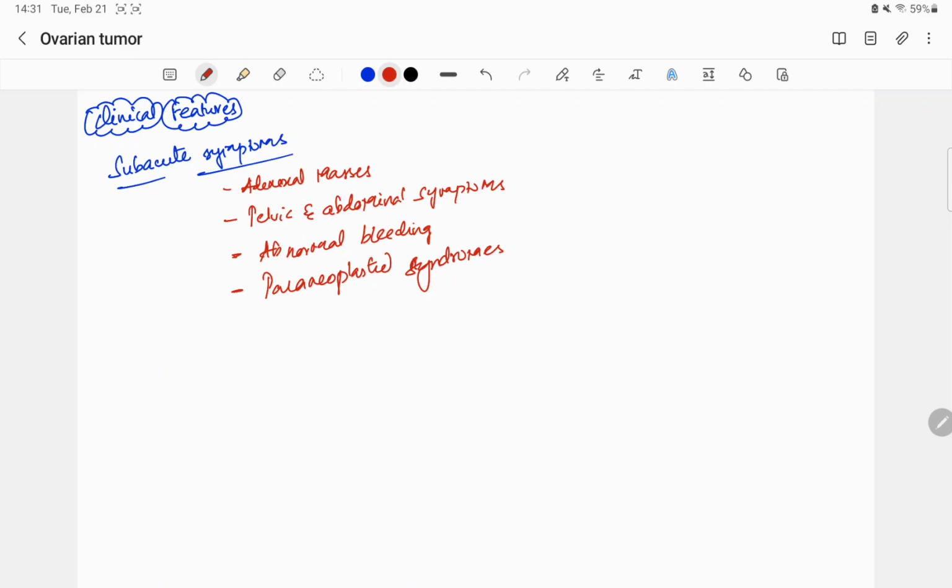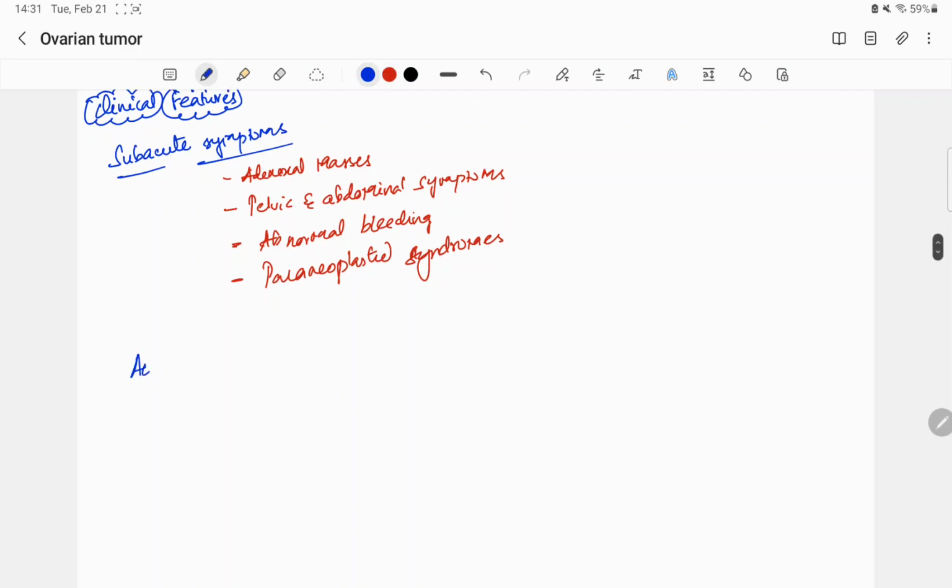Right. So next we'll study the acute presentation and symptoms of metastatic disease. When the patient presents with the symptoms of metastatic disease, that is actually an indication for evaluation and treatment, right? So what are the symptoms?